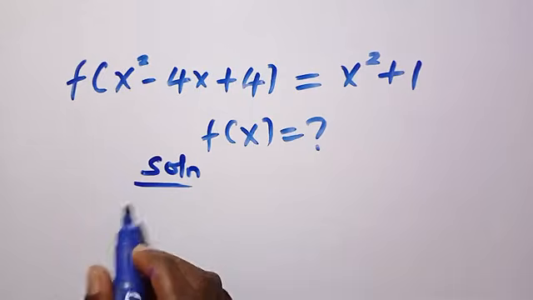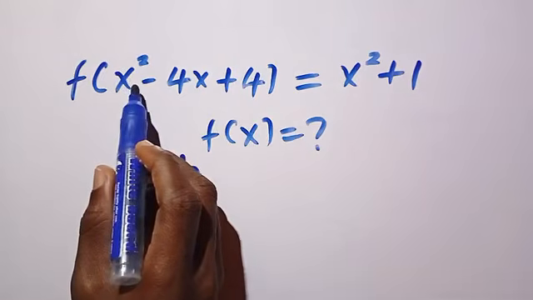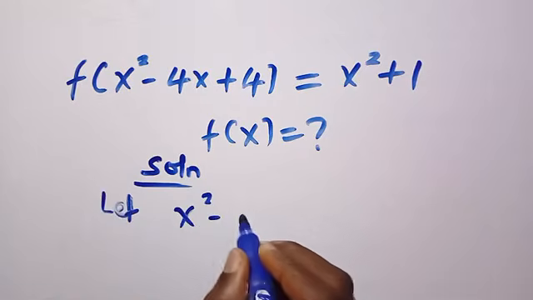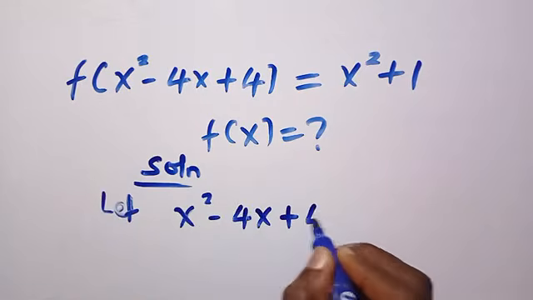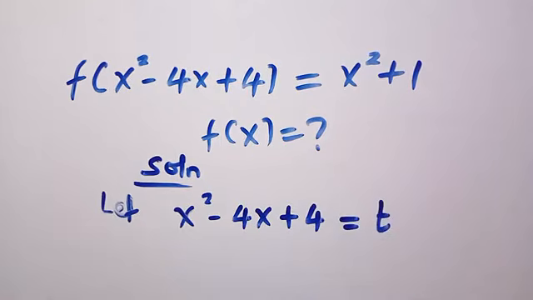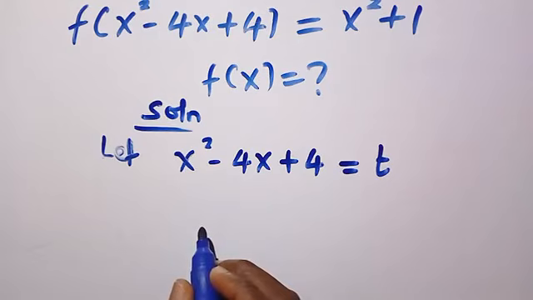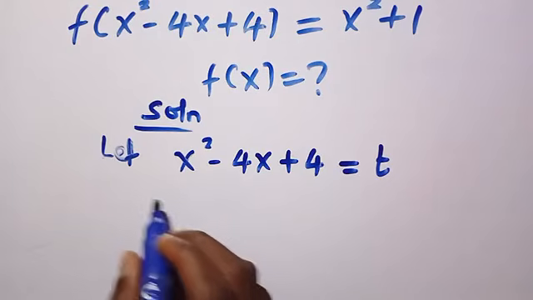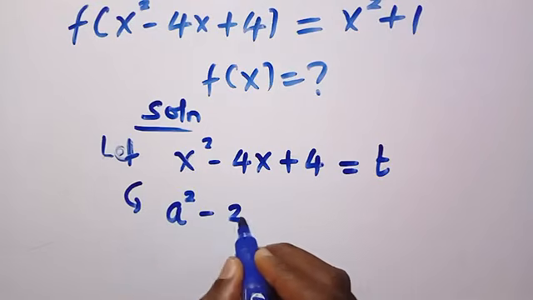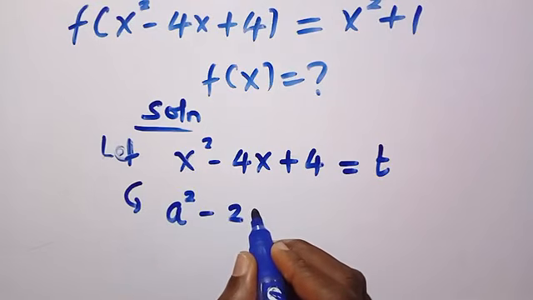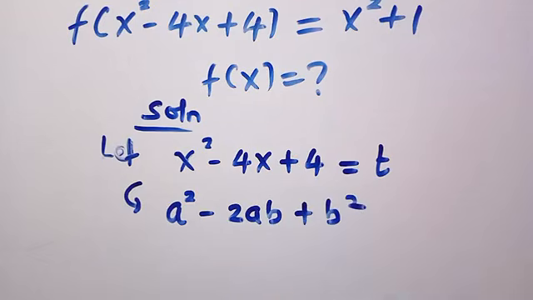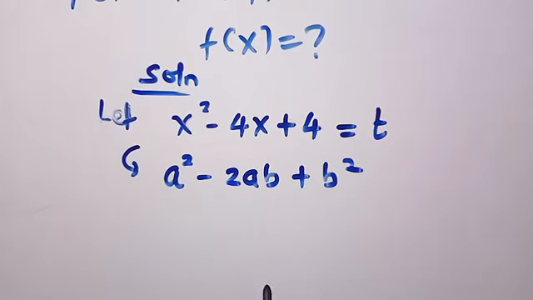Let's apply the substitution method. Suppose I let x squared minus 4x plus 4 equal t. Then from the left hand side, if we have an expression like a squared minus 2ab plus b squared, how does this relate?